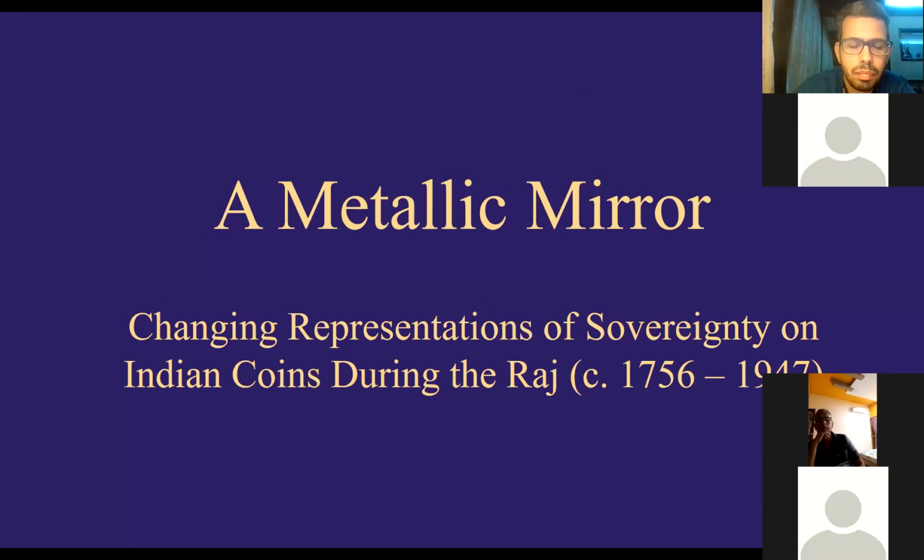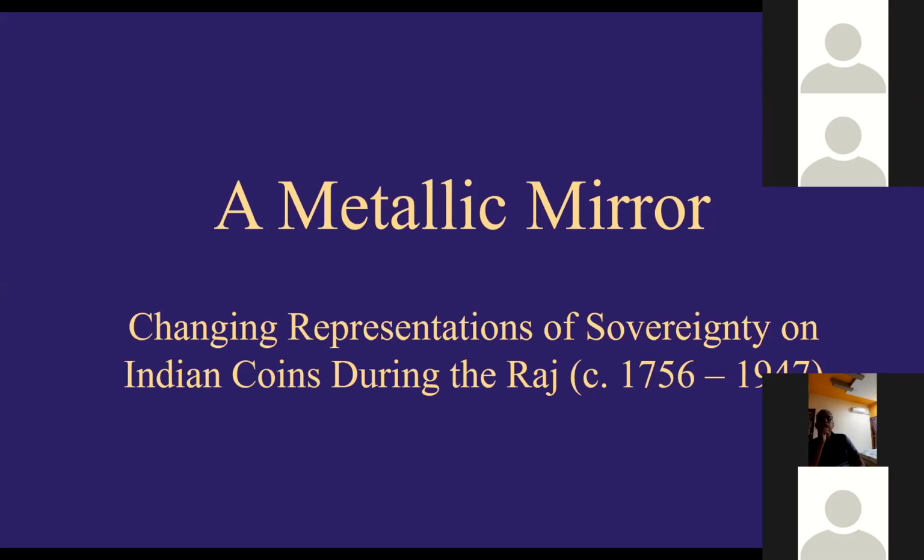Okay, so in today's talk, I'm going to talk about the later part of the Indian coinage spectrum. And as the title says, it is looking at how coins help us to understand changing representations of sovereignty. From the 18th century onwards, the political power of India passed through various phases.